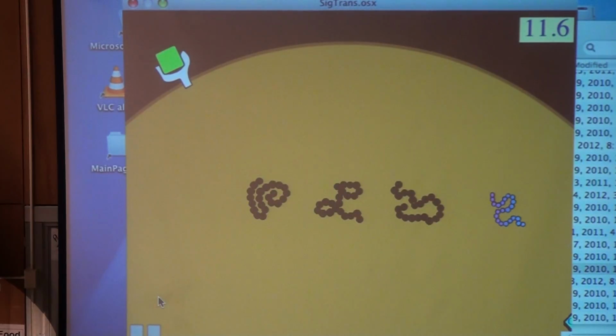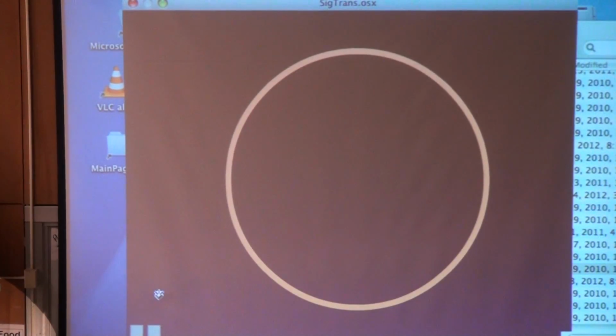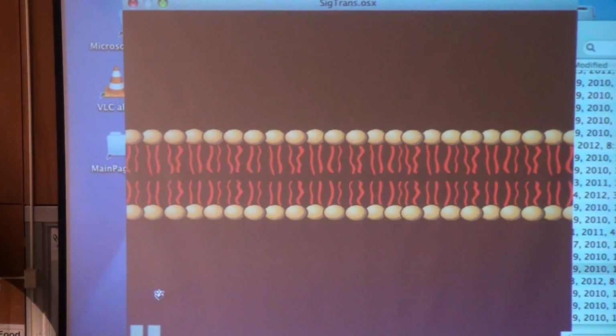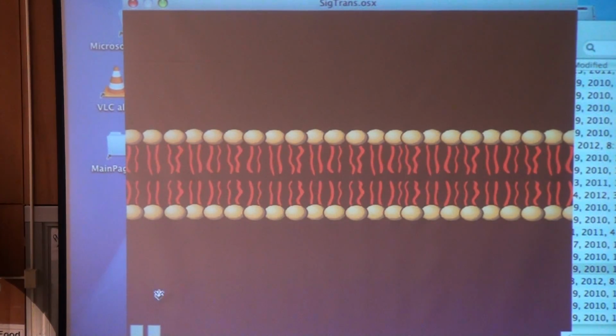All right, let's see. There they are. Tyrosine kinase receptors. All right, so here's a cell, and here's its membrane, and we'll say that's the inside of the cell toward the bottom, and that's the outside of the cell toward the top. And we will give it one of these tyrosine kinase receptors.